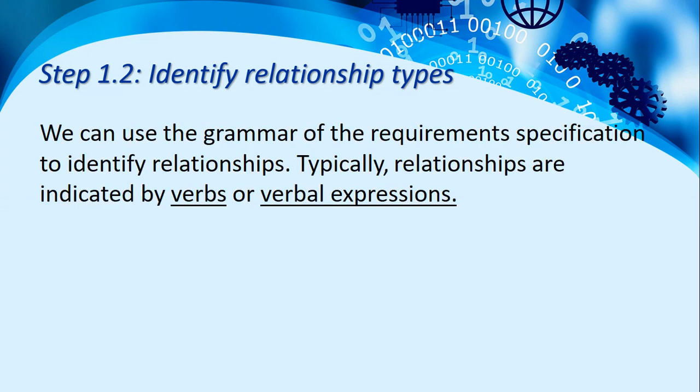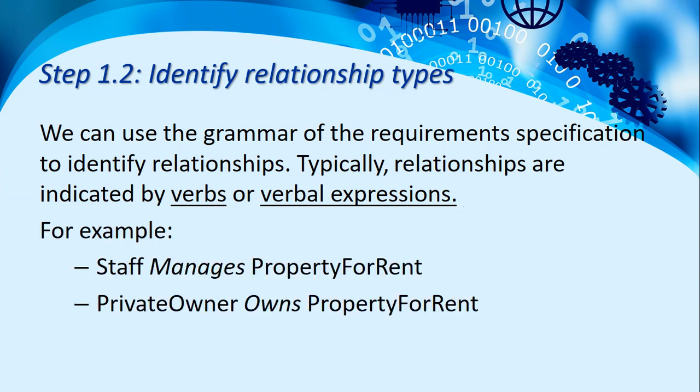We can use the grammar of the requirements specification to identify relationships. Typically, they are indicated by verbs or verbal expressions. You're already familiar with this one; I already mentioned this in the first lessons. If entities are nouns or noun phrases, to identify relationship types you just look for verbs and verbal expressions. Here's an example of a relationship.